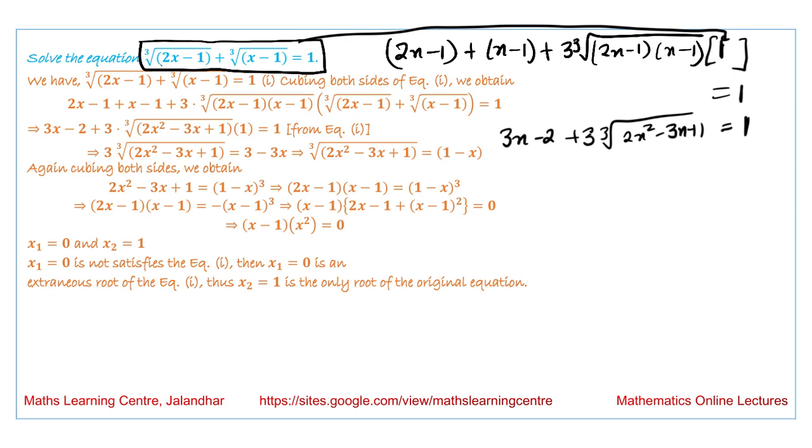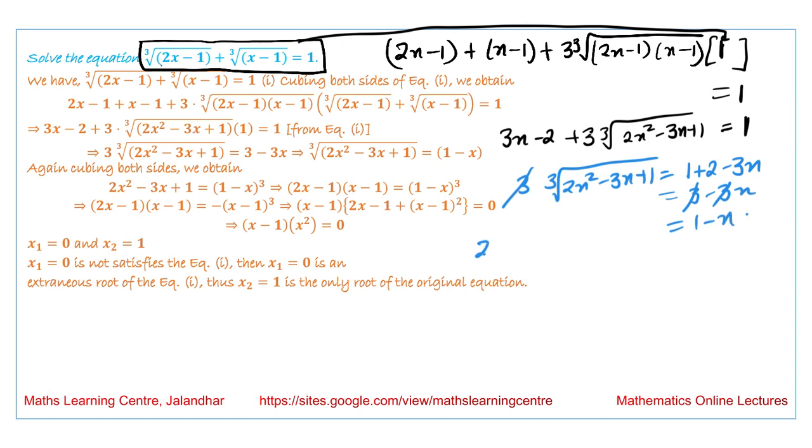From this equation we obtain 3 times cube root of 2x square minus 3x plus 1 equals 1 plus 2 minus 3x, which is 3 minus 3x. This 3 gets cancelled, and we are left with 1 minus x. So we obtain 2x square minus 3x plus 1 equals (1 minus x) cube.